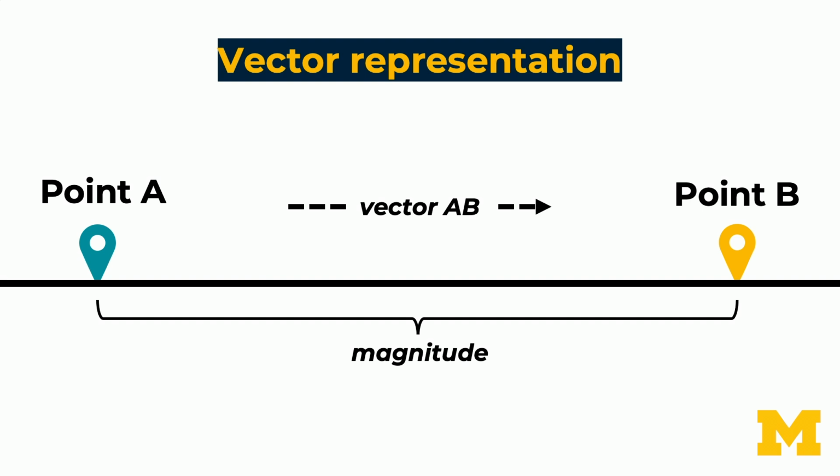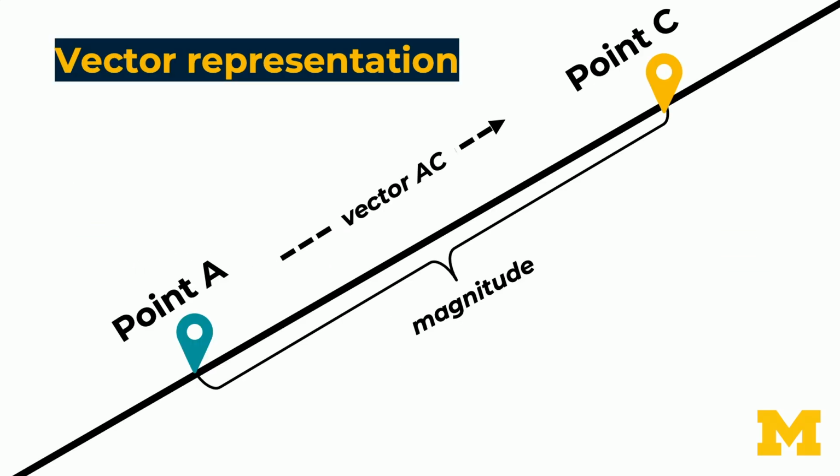So this point A to point B could be, for example, eastward, and it's 4 miles or 4 kilometers. Let's say 4 kilometers eastward. If the car is going from B to A, then the vector is westward. So it's opposite of eastward, but it's still 4 miles or 4 kilometers.